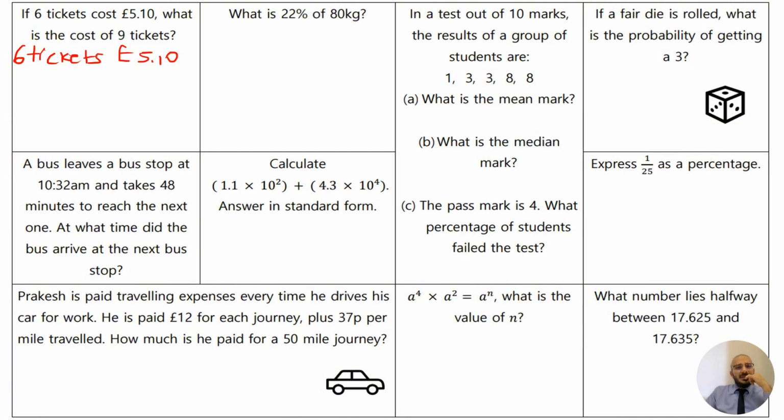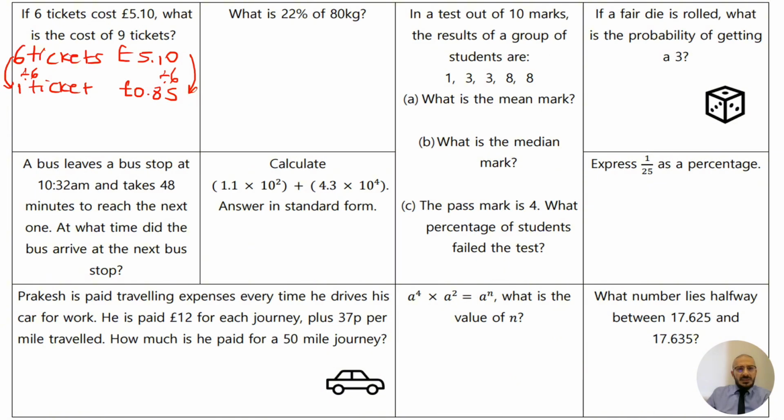What I can do is go down to 1 ticket and go back up to 9. In order to go down to 1 ticket, I need to divide by 6. When I divide this by 6, I get 85 pence.